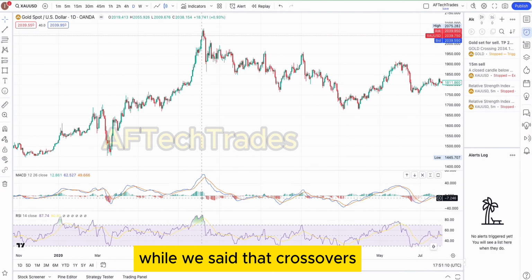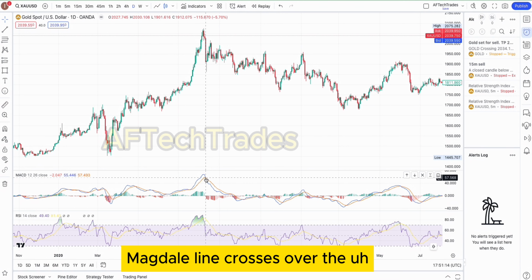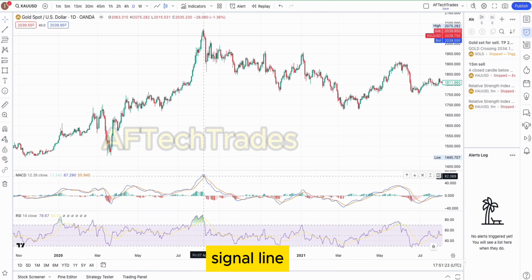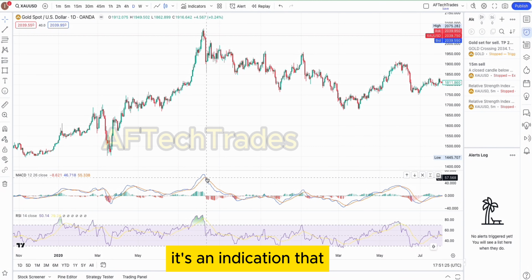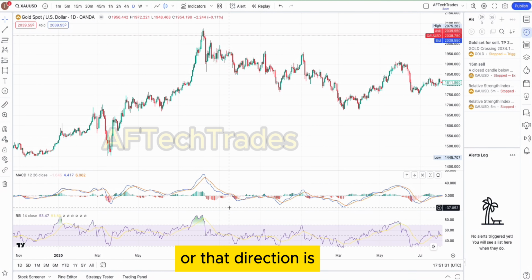While we said that crossovers, that is when the MACD line crosses over the trailing line, the signal line, whenever it crosses, it's an indication that the price is about to begin to go the other direction.